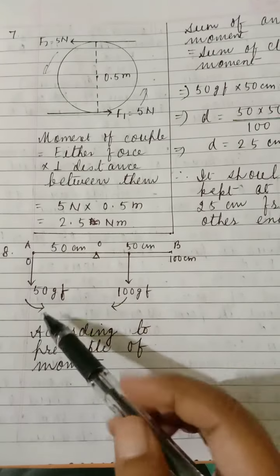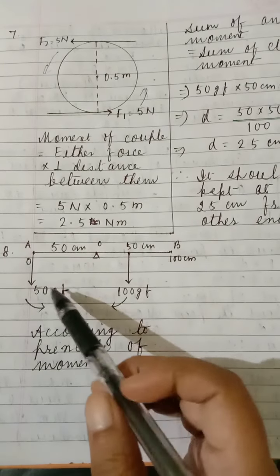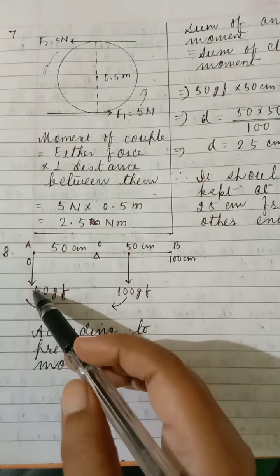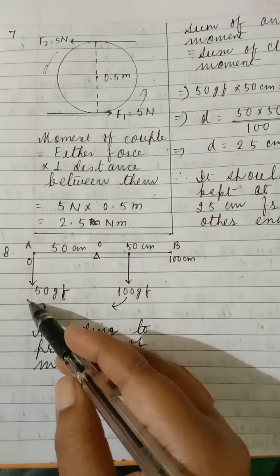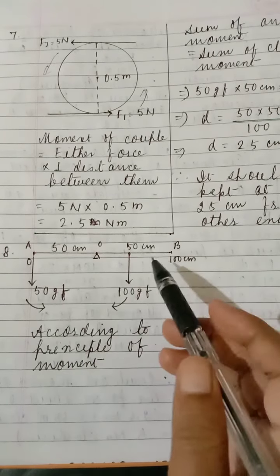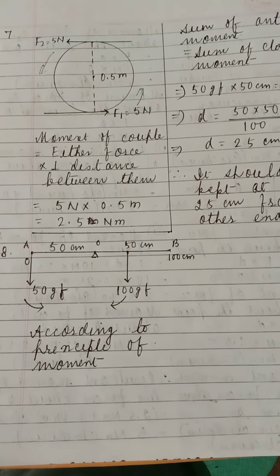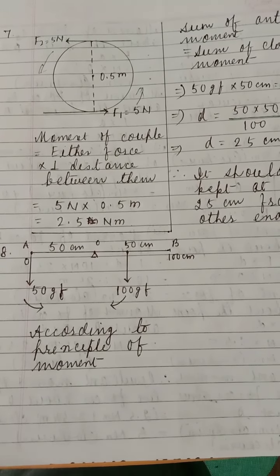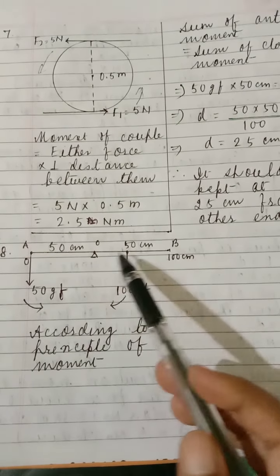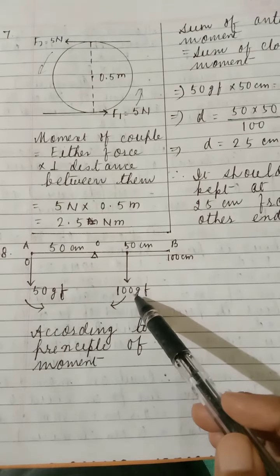When we hang the 50 GF weight from one end, the rule will rotate anti-clockwise. To balance it, we have to hang the other weight, which is 100 GF, on just the opposite side. So the 100 GF weight will be somewhere on this side.